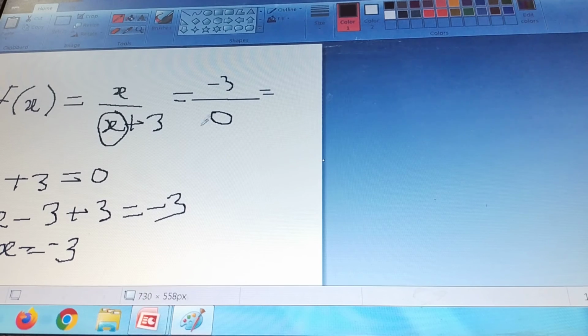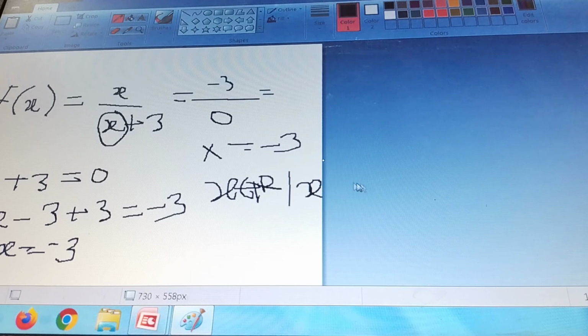So the domain of f of x is the set of all real numbers except x is equal to minus 3. Exclude these points from the domain of f, that is, x belongs to R such that x is not equal to minus 3.